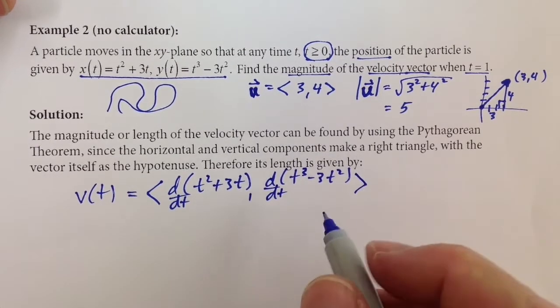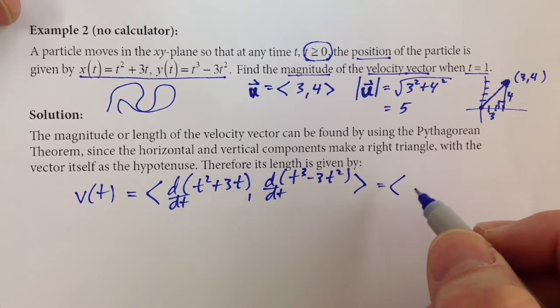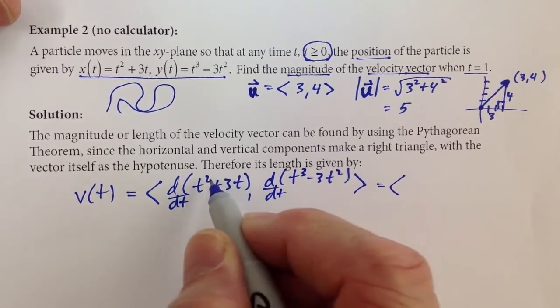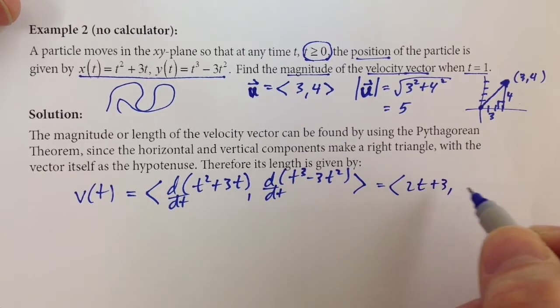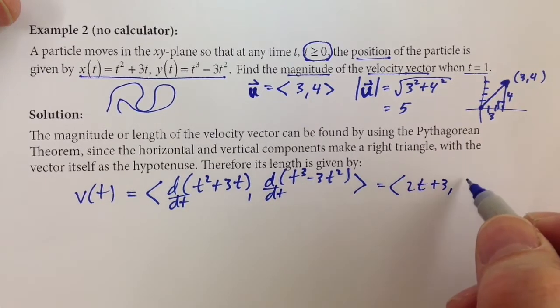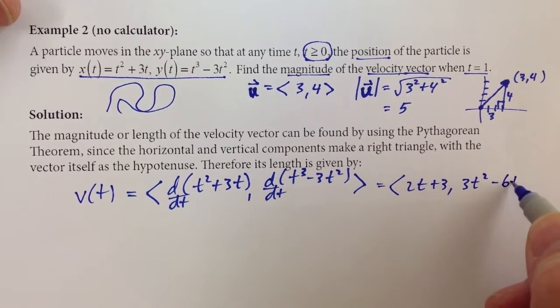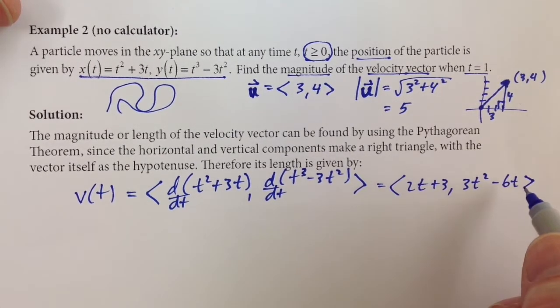And that is equal to the derivative of t squared plus 3t, which is 2t plus 3, comma, the derivative of the y component, which would be 3t squared minus 6t. So this is our velocity vector.